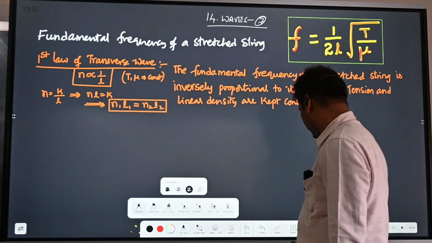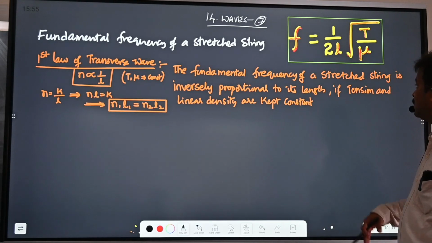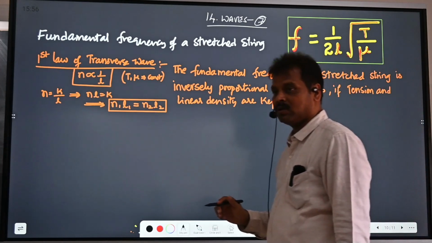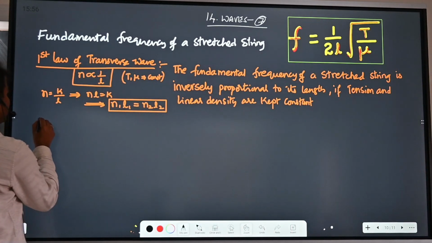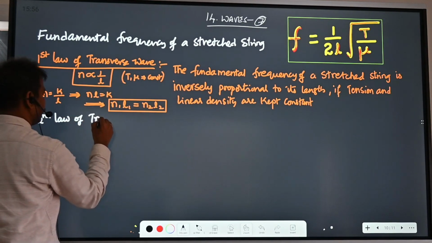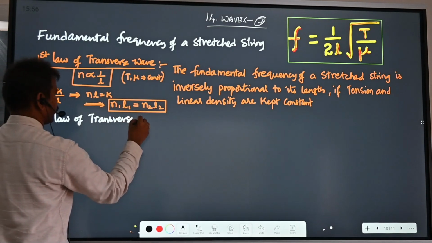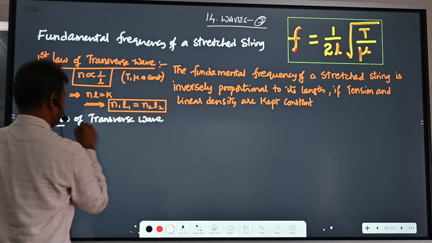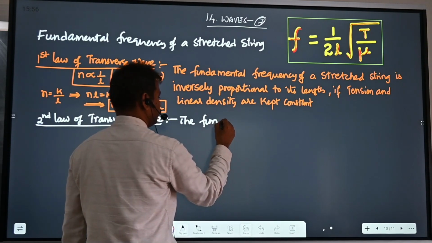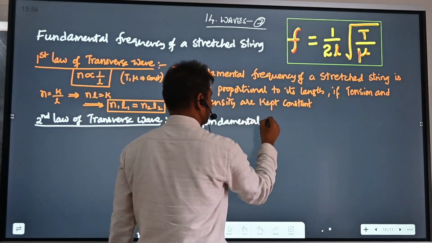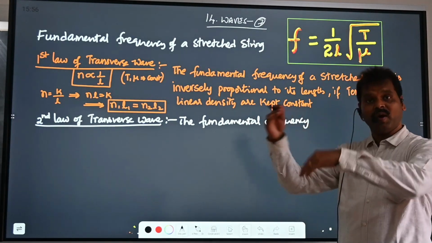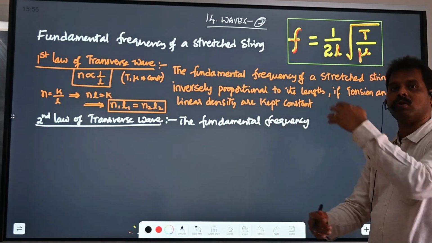Now, second law. What is second law? F directly proportional to root T if L and mu are constants. So I am writing second law of transverse wave on a stretched string. The fundamental frequency means the minimum frequency, right? Next one, first overtone, second overtone, third overtone, and so on.